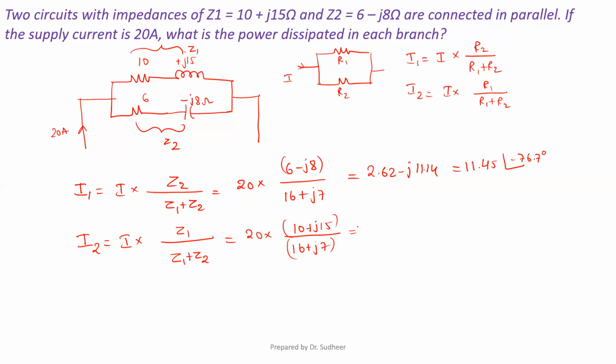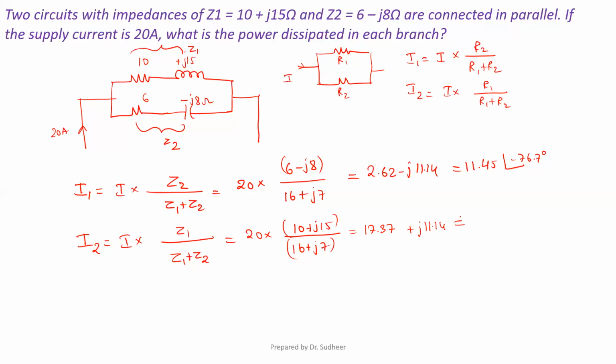So use your calculator, keep it in complex mode: 10 plus 15i divided by 16 plus 7i, multiplied with 20. If you want to write in rectangular form, it will be 17.37 plus j11.14.